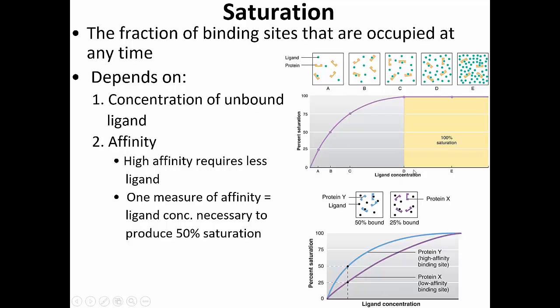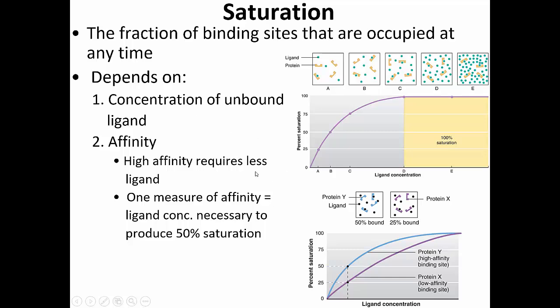Furthermore, as we look at the remainder of the x-axis, we see that we continue to increase the ligand concentration, but we see no change in the percent saturation because we're already maxed out. You can see very clearly that there are no more proteins with open binding sites to allow the ligand to bind. So clearly the concentration of unbound ligand has an impact on the percent saturation.